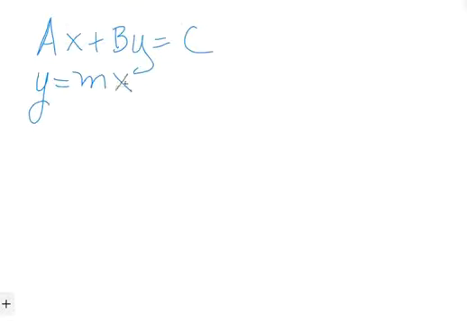All right, so now we've got two forms of linear equation. We've got ax plus by equals c, and now we have the slope-intercept form, y equals mx plus b. And I like to tell my Algebra 1 students that this is the equation that you need to remember the rest of your life.